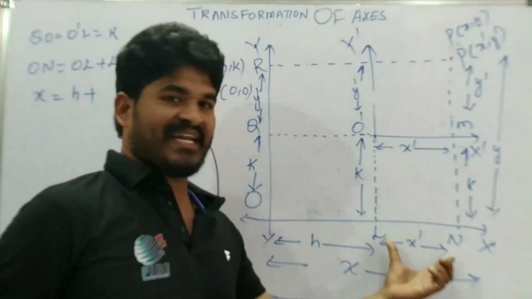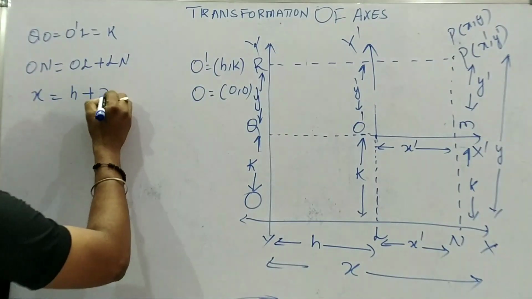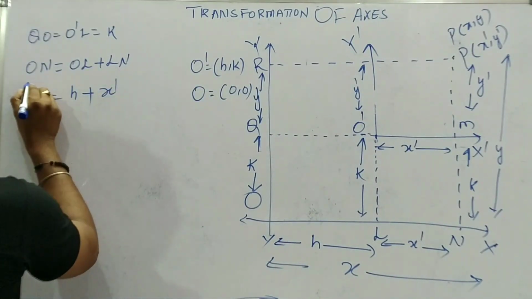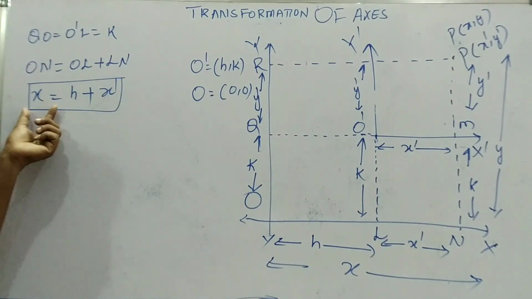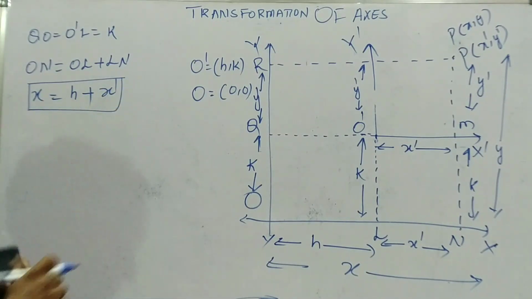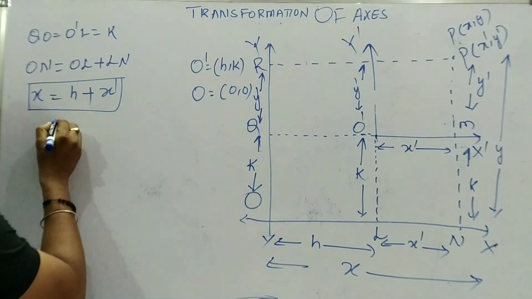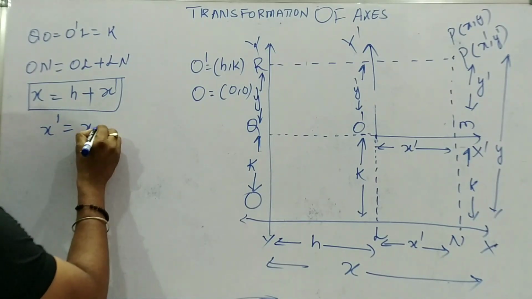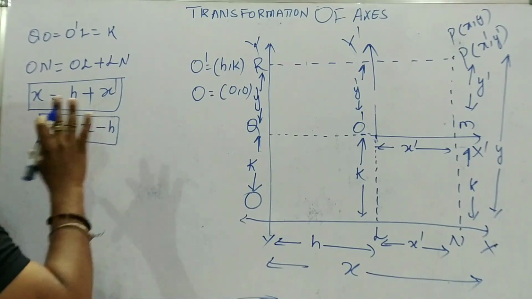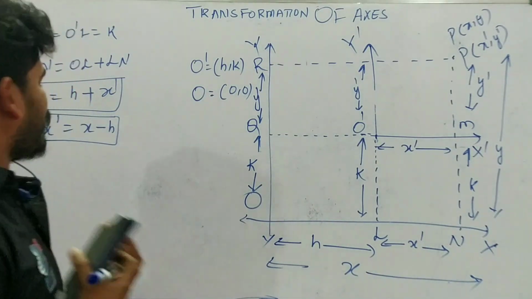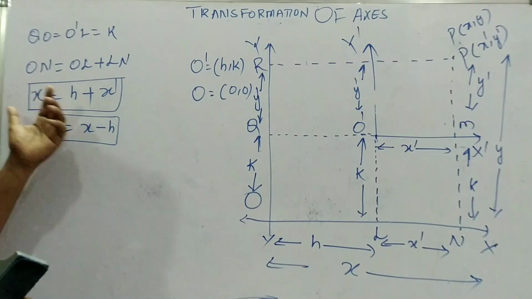LN is nothing but x dash. Therefore x equals h plus x dash. From here, x dash equals x minus h. So now we have found x dash and x.